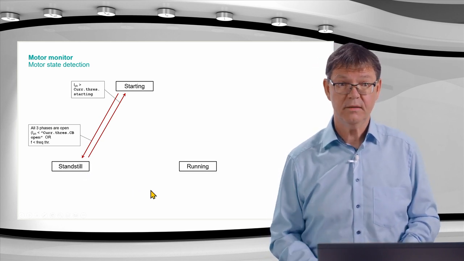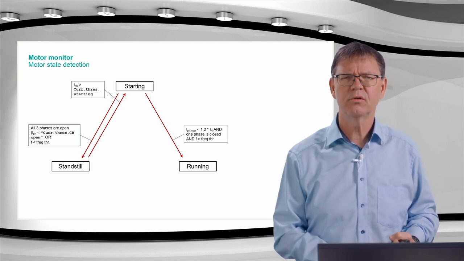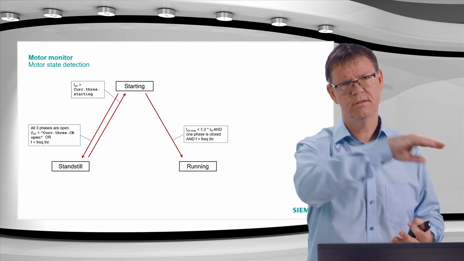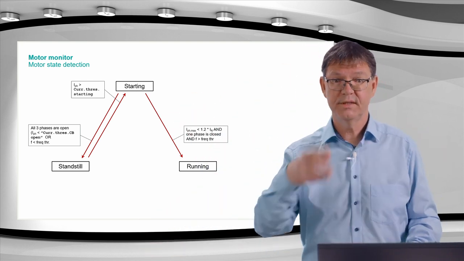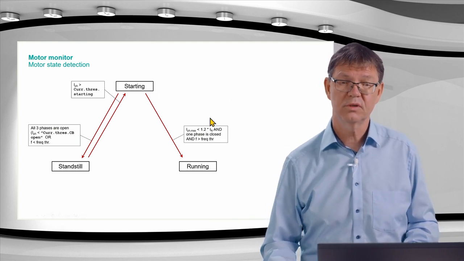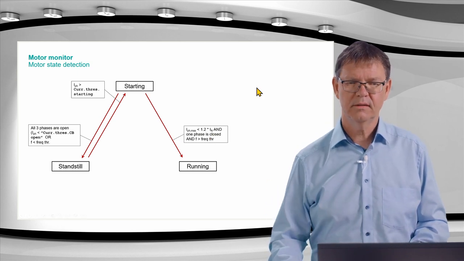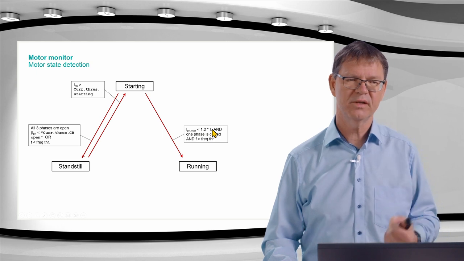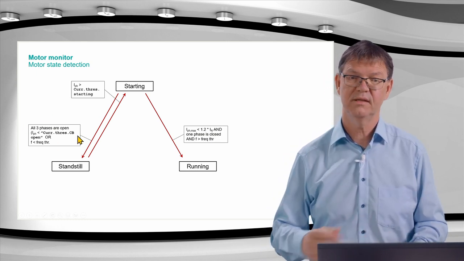We have the running state, and from the starting to the running state we come when the motor current decreases. So I have first the starting current, which is high, then you have the starting phase, then the current decreases, and decreasing means the current must be below 1.2 times nominal current of the motor. And it must not only be smaller than this value, it must also be bigger than the current threshold open. So there must be current flowing at the end.